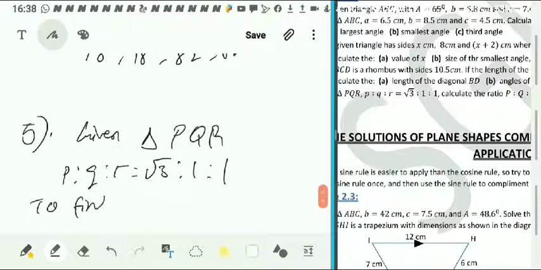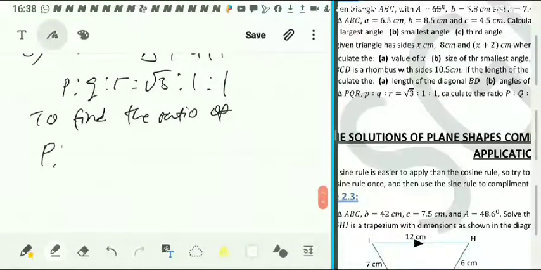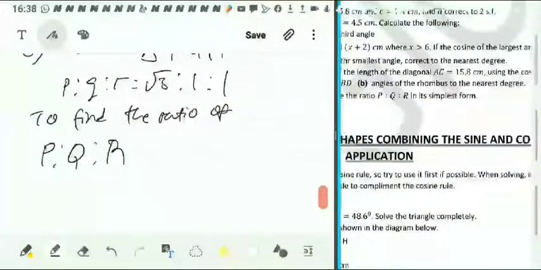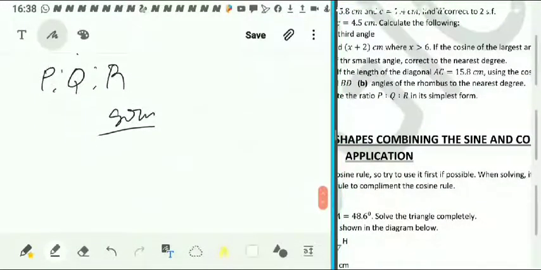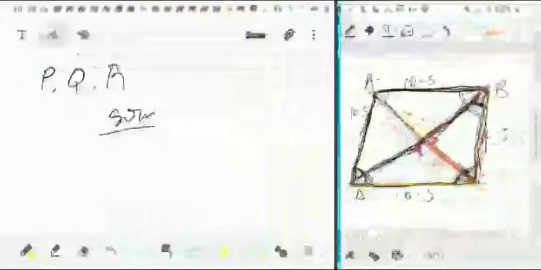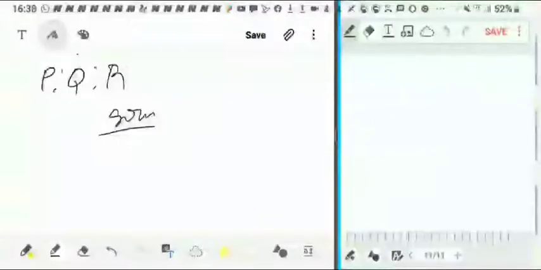To find the ratio of P to Q to R in its simplest form. This is quite easy. Let's try and sketch the diagram first so that we understand what I'm trying to do.